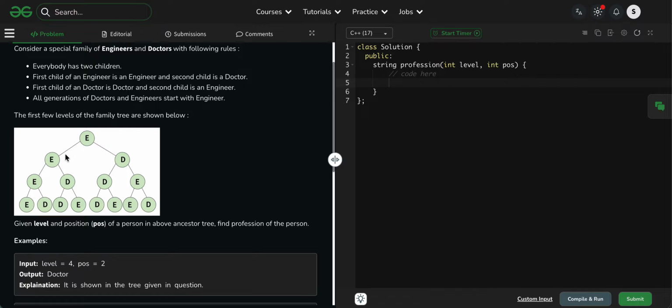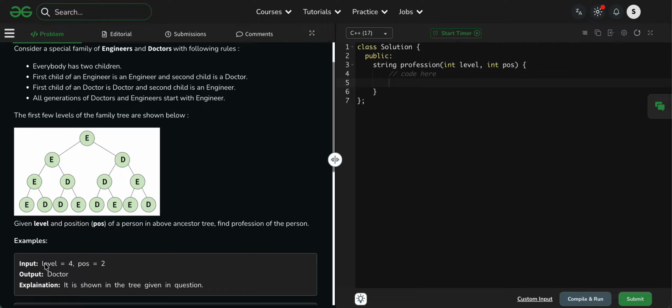So the left child is always equal to the parent, engineer, and the right child is always the opposite of the parent, engineer or doctor. In our mind there is one thing that always occurs: odd and even. If even, it means engineer; if odd, it means doctor, right?